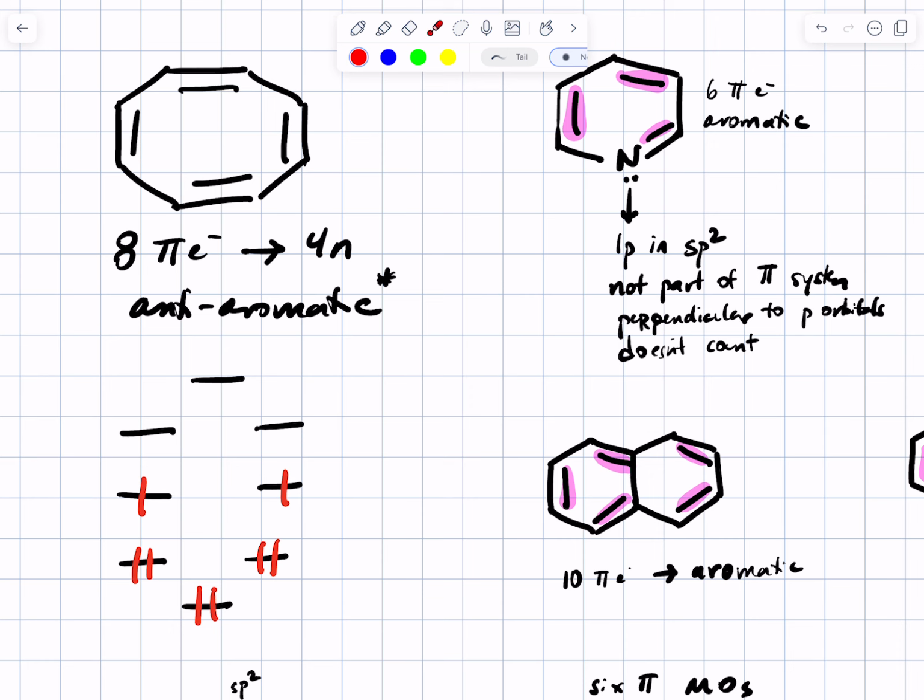There are some problems in the text that will allow you to reason your way through this. It's a useful mnemonic device when you're first getting started thinking about why things are aromatic versus not. Okay, are there any questions about that?